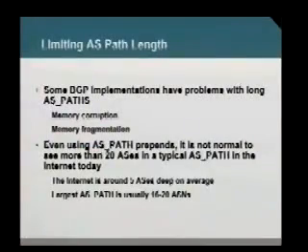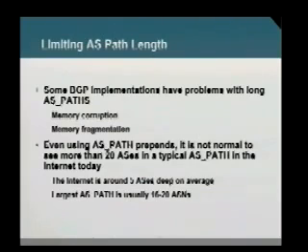What else? Oh yes, some BGP implementations have problems with long AS paths because when they were written, people didn't think the internet would be more than 5 or 10 ASs deep, so that's all they allowed for. And actually, the AS path could only be accommodated within basically 256 ASs. So when you got the 257th AS, it started overwriting other parts of the router memory, and things went very horrible.